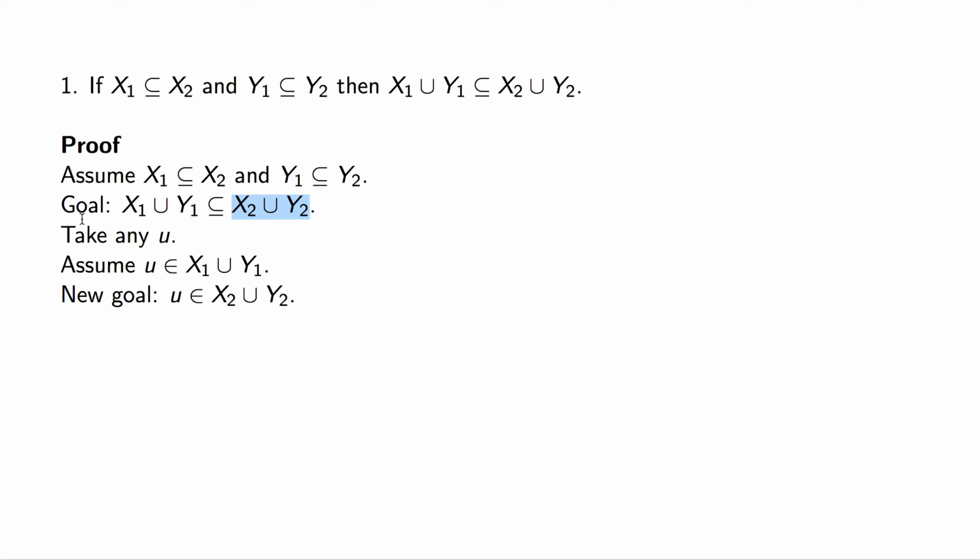The new goal replaces the previous goal. And now let's take a look at this assumption. U is a member of X1 union Y1. We know that this means that U is a member of X1 or a member of Y1. So we will split the proof into two cases.